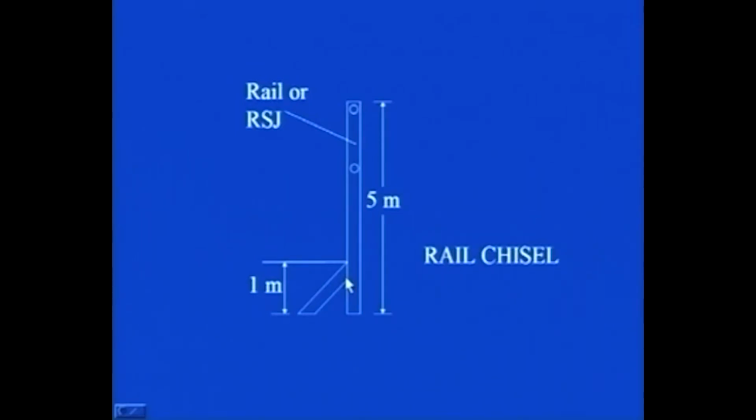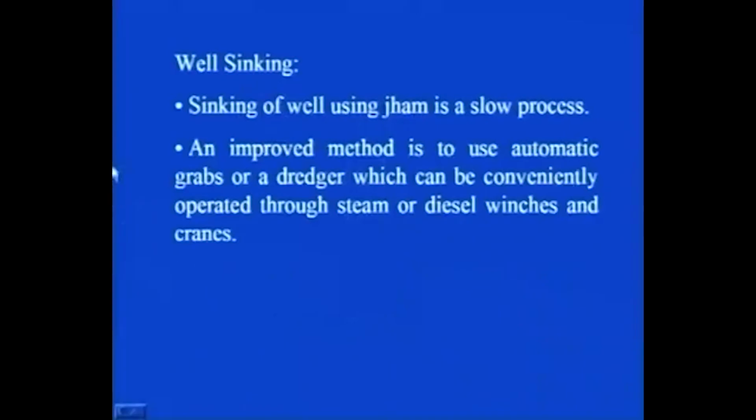You can empty it on the ground surface and then lower it again. Sinking of a well using a jam is a slow process. Every time you lower it, it gets filled with soil, and then you have to take it out, empty it, and lower it again. That makes it a very slow process.